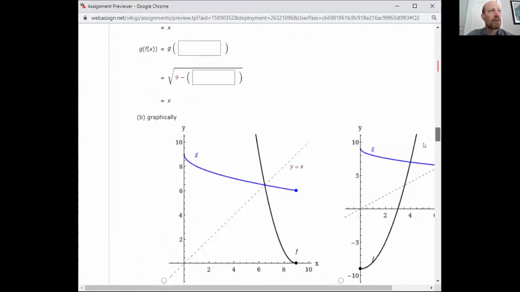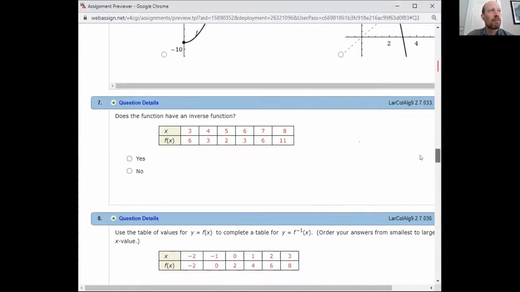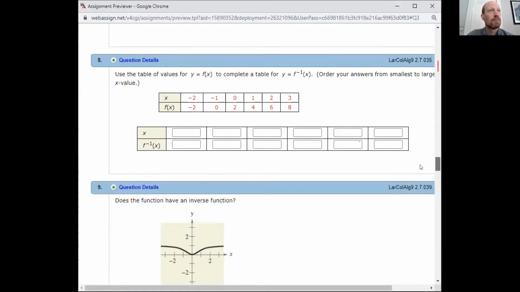And then number 8. Yeah, so this is just inverses. You have x and f of x, and so the inverse function is going to flip those. The first point is not very interesting, right? Because they're both -2. So flipping them still gives you -2 and -2.